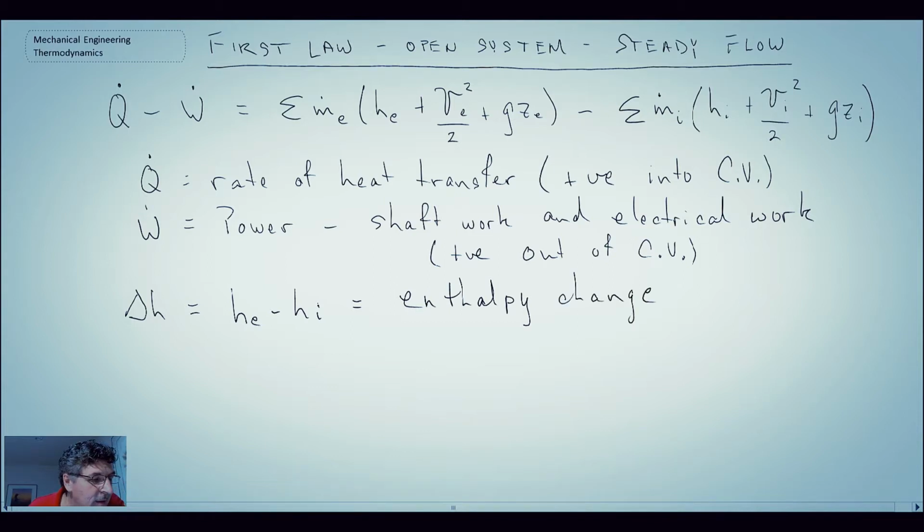And depending upon the temperature change that you have of the fluid stream coming in and leaving, you can sometimes make the approximation that we talked about a moment ago, which is temperature exit minus temperature inlet multiplied by the specific heat at constant pressure, averaged. And remember, this is only for ideal gases.